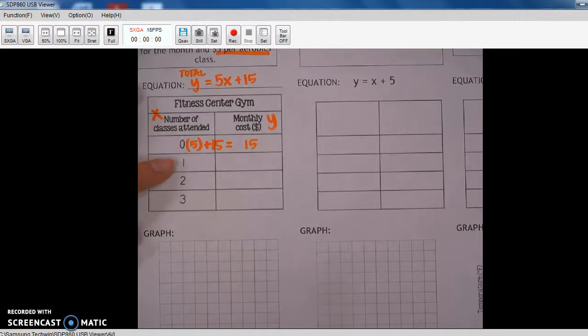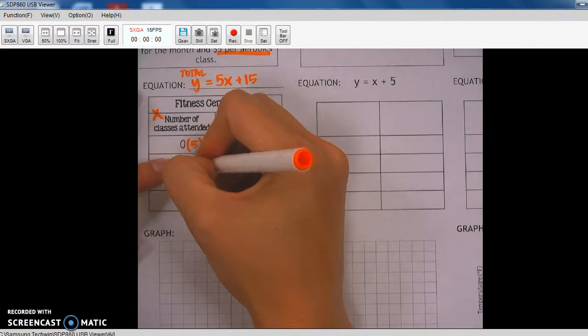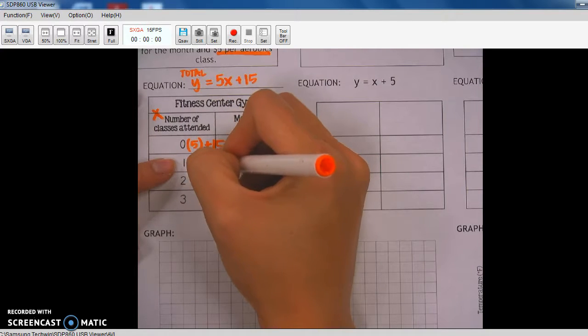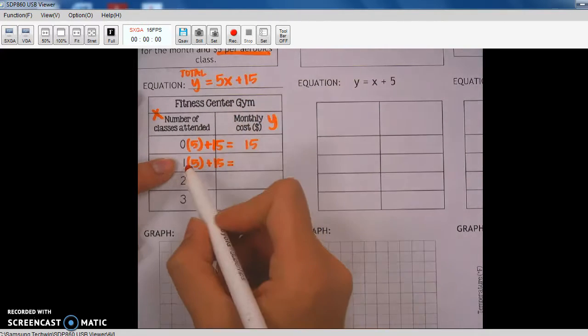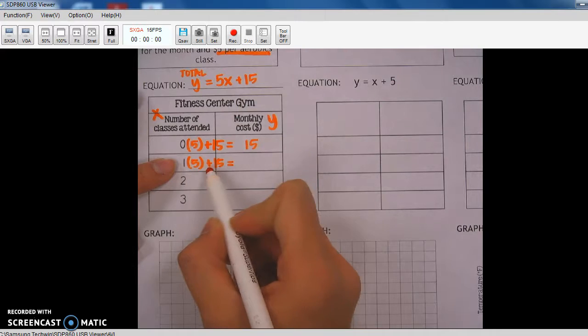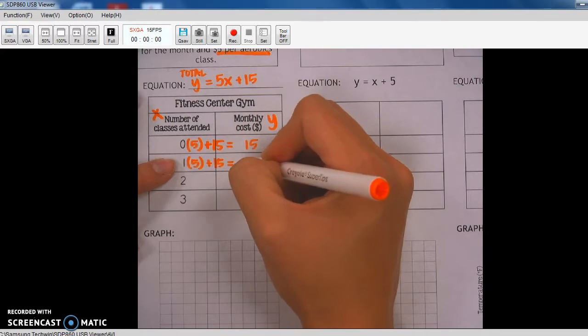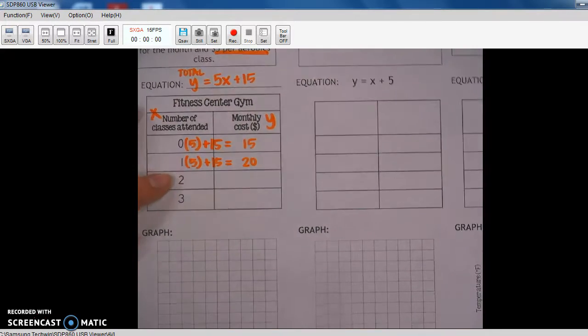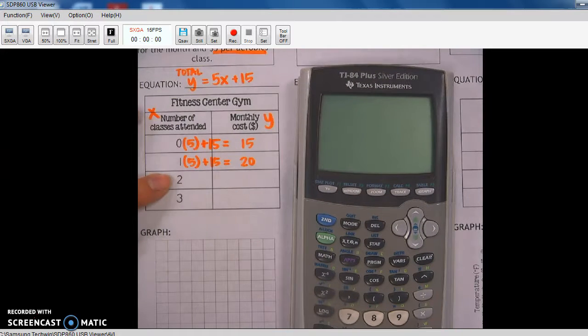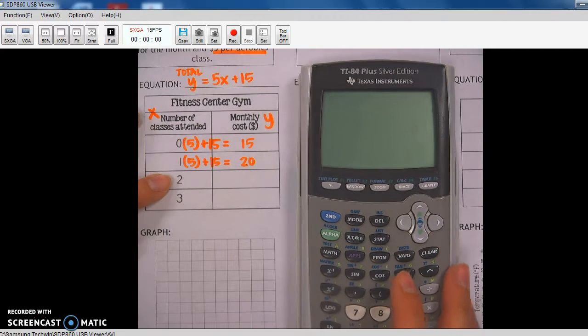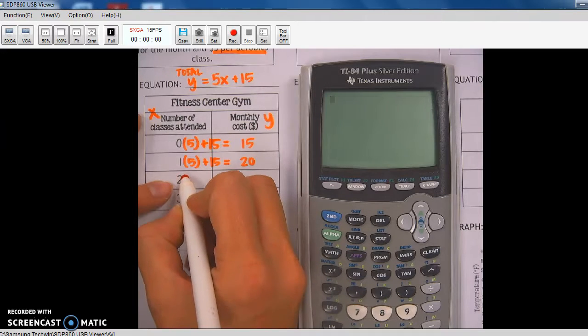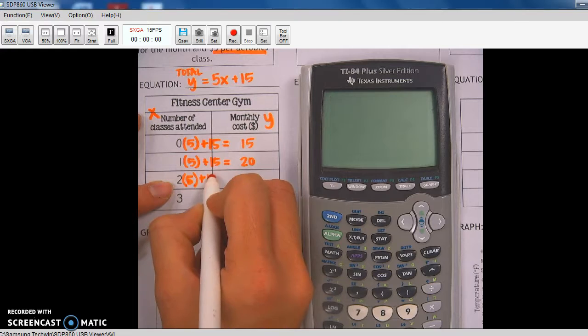If she goes to 1 class, she pays $5 for that class, plus the $15 for the month. So 1 times 5 gives me 5, plus 15 gives me 20. Remember, you can also be typing this into your calculator just as we're writing it. So for 2 classes, if she goes to 2, she pays $5 each, plus the $15 fee.